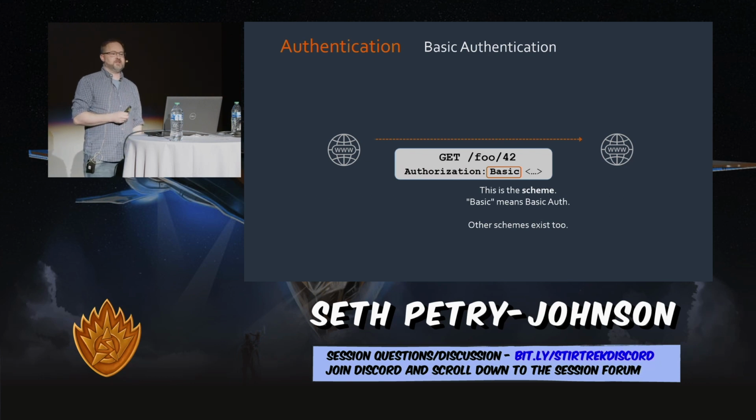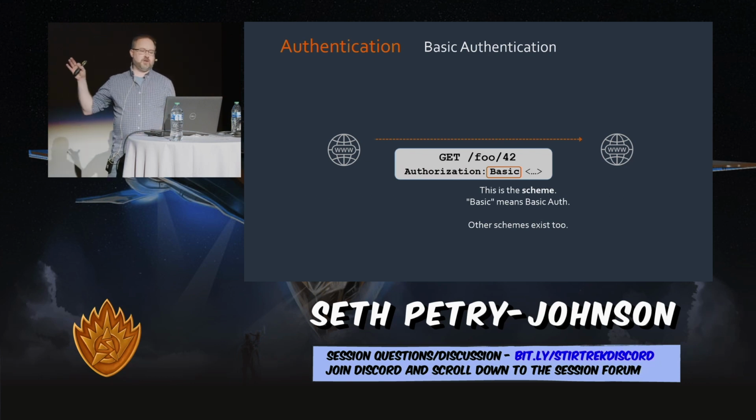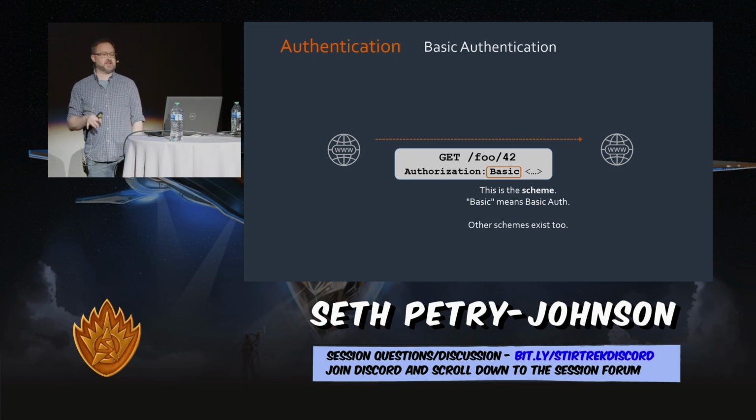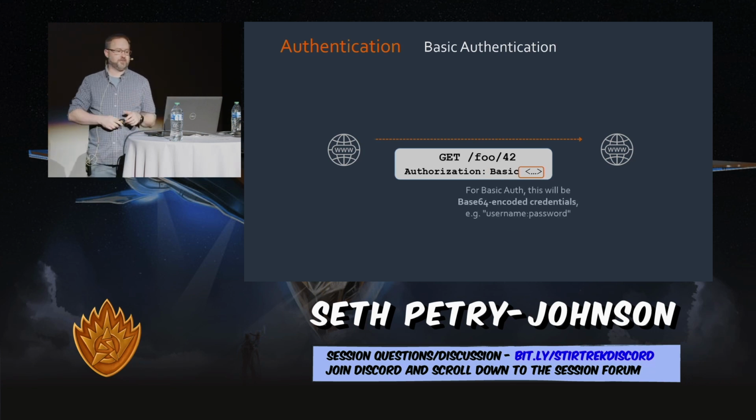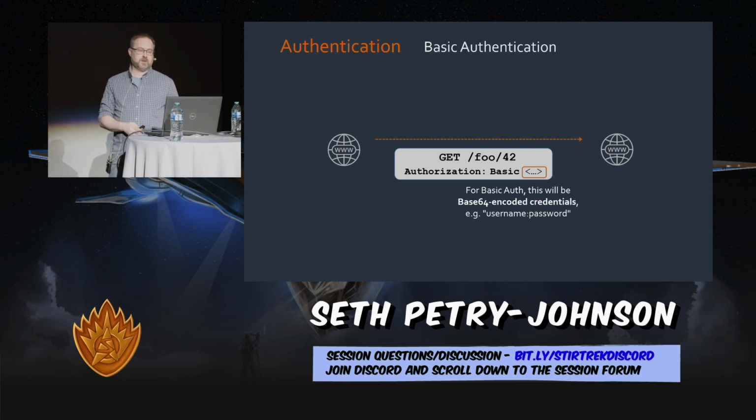To follow the basic auth standard, the value of the authorization header consists of two different pieces. The first is the scheme, and that tells us how to interpret whatever comes next. So for basic auth, that scheme is just basic. When the scheme is basic, then by definition, the rest of the value is a base 64 encoded credential pair in the format of username:password.